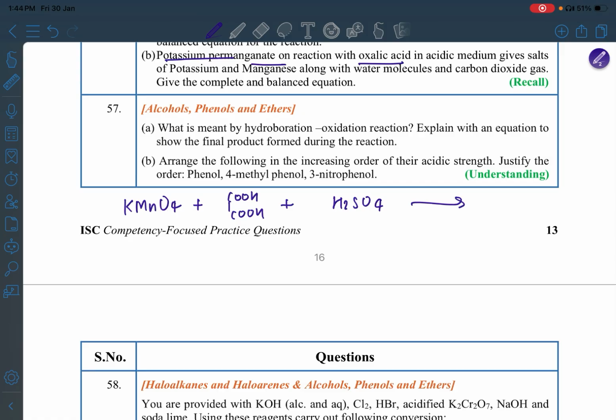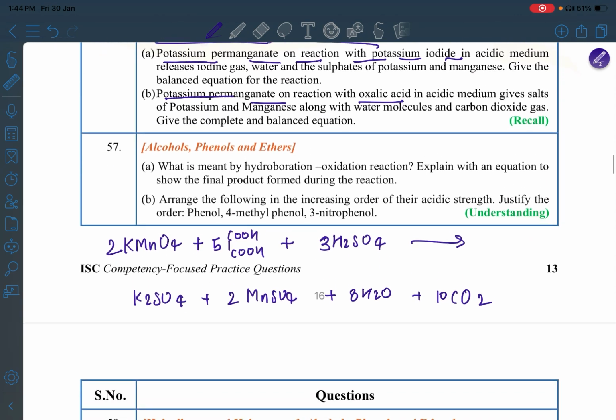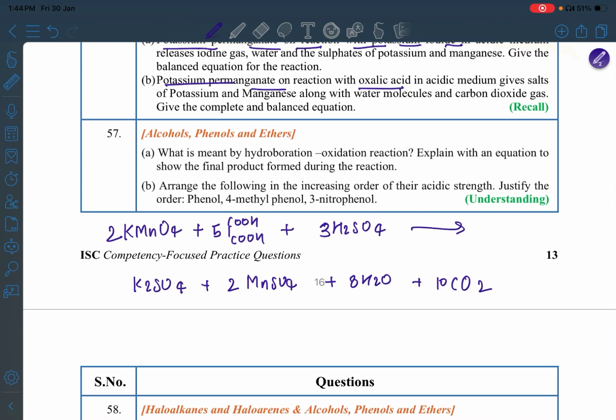Products are the salt of potassium K2SO4 plus the salt of manganese MnSO4, and then release water molecules plus carbon dioxide. Now here we have to take 2 here, 5 here, the same pattern. Here we have 3 H2SO4, and then 1 K2SO4, 2 MnSO4, 8 H2O, and 10 CO2. This is the balanced chemical reaction for part 2 of question 56.